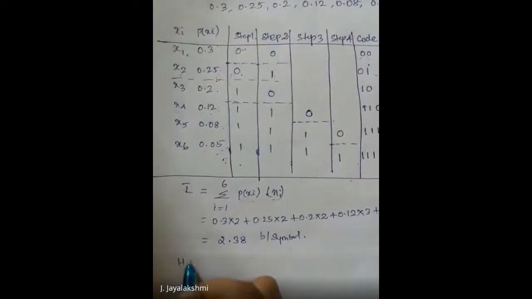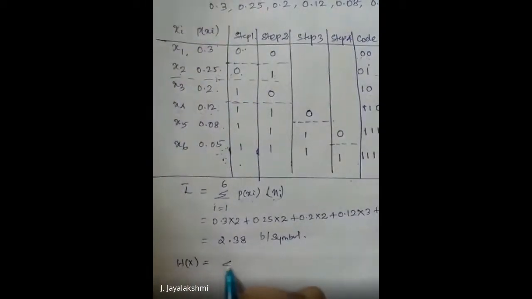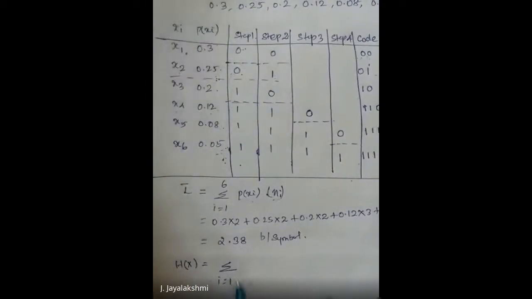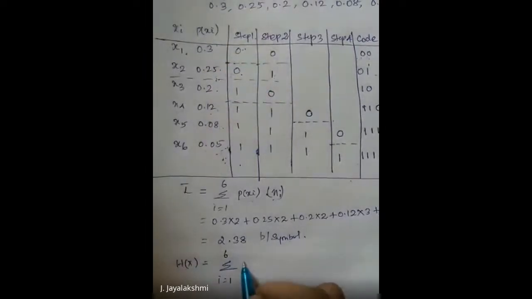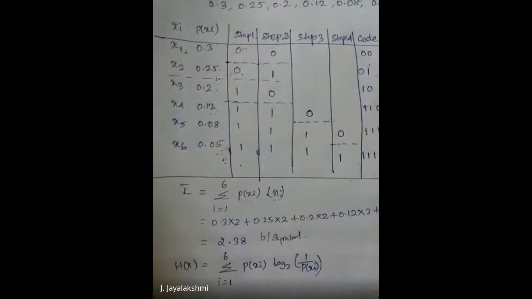Next, we will find the entropy of this x value. Entropy is once again summation i equal to 1 to 6, probability of xi into log to the base 2 of 1 by probability of xi. This you know very well.